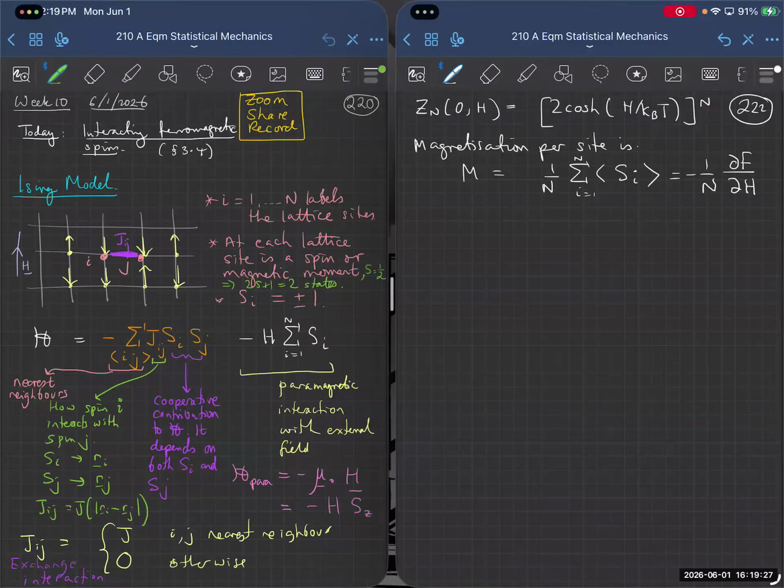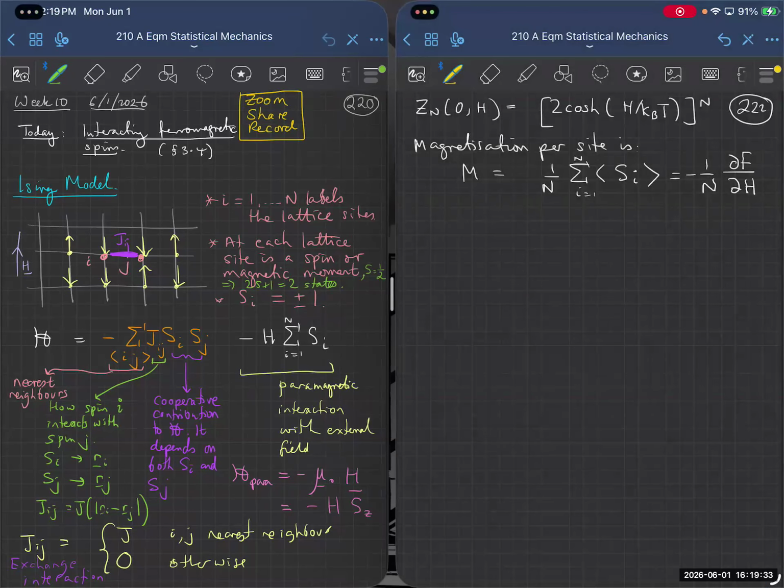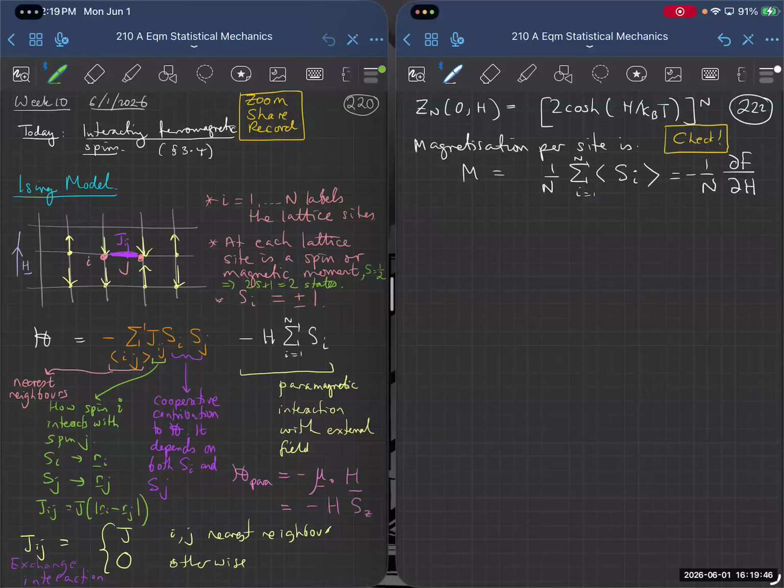And so that is why the magnetization is equal to that. You've seen this before, but I want you to check that you can derive that. Okay, so that's the partition function and the magnetization.